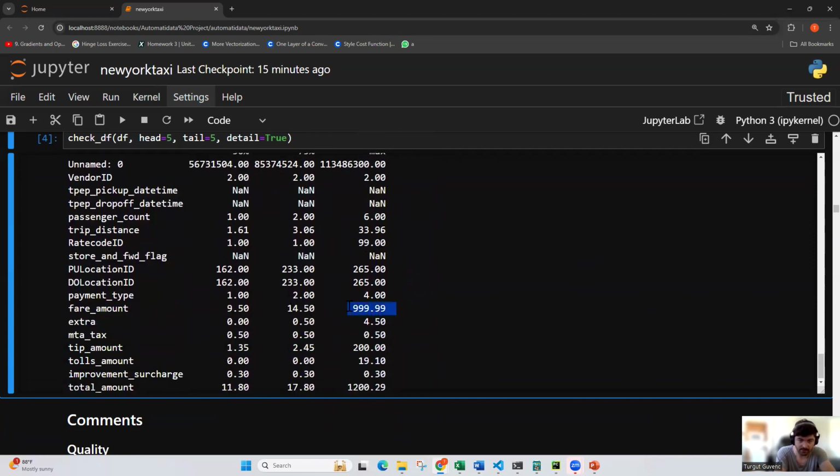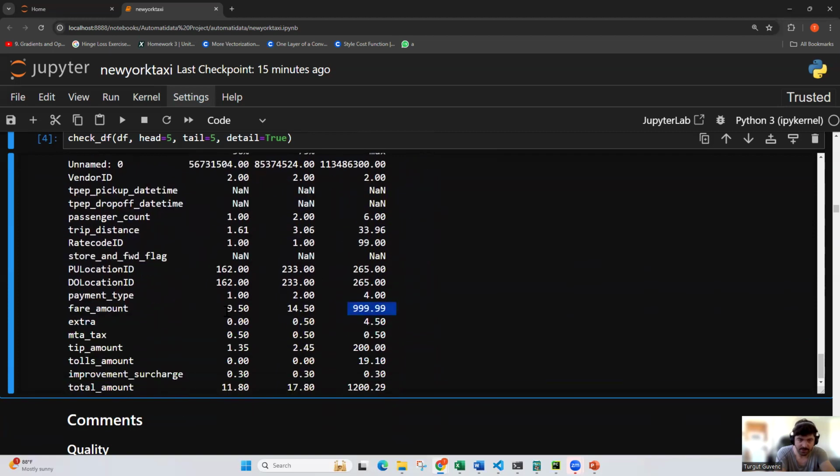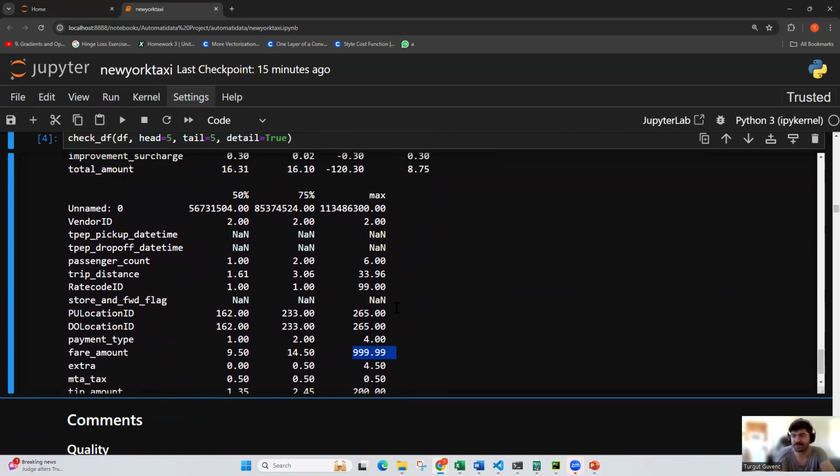Okay, as you can see, the fare amount mean value is $9.50, but here the maximum is almost $1,000, right? This is just an outlier. When we are looking for outliers, after identifying them, we can ask: okay, this is an outlier, but is it an error or is it just the nature of the data, right?